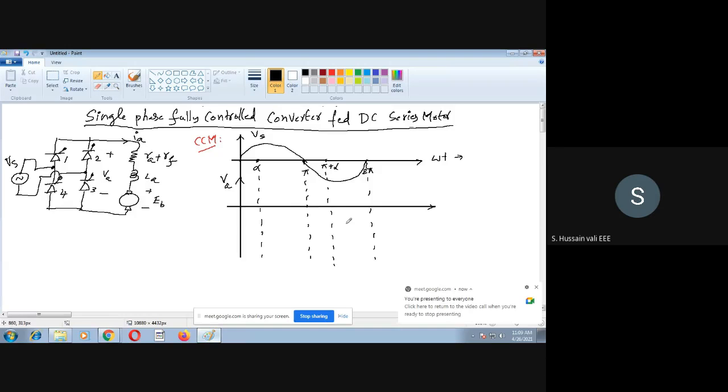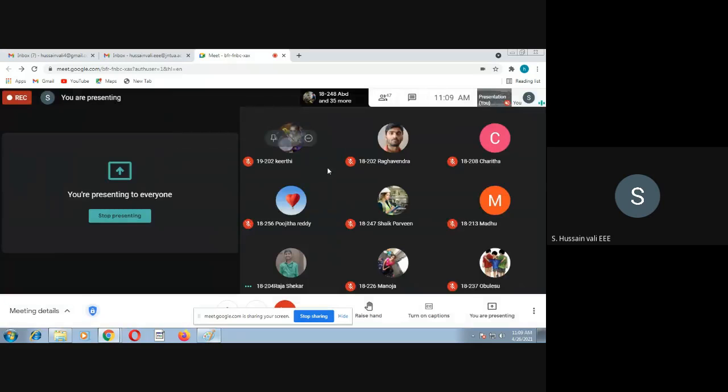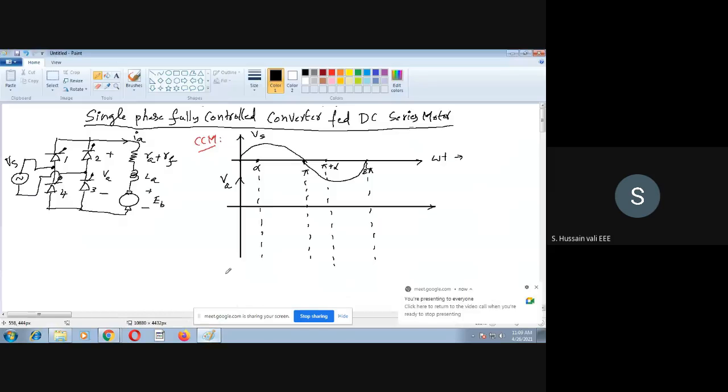When it is always there, if you look at the circuit diagram, you will understand only one thing: for the current Ia to be continuous, either 1,3 or 2,4 will have to conduct. At any instant of time, either thyristors 1,3 or 2,4 will conduct. That is continuous conduction.